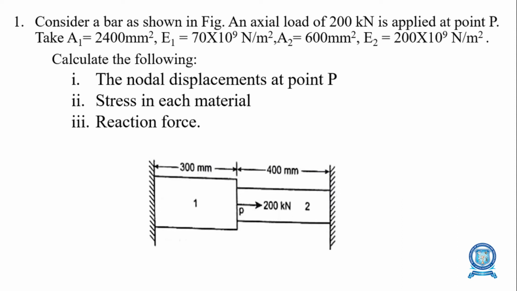For the first and second elements, E1 and E2 are given. E1 and E2 are the Young's modulus of the first element and of the second element. For the first element, Young's modulus 70 into 10 to the power 9 Newton per meter square is given. For the second element, 200 into 10 to the power 9 Newton per meter square.